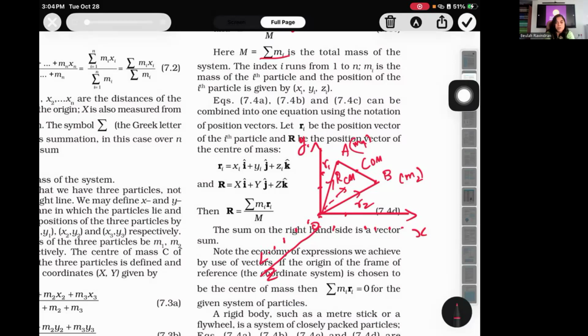This is the center of mass position vector. Since it is a vector, all are in the vector realm, you have to represent that with a vector sign. In your book, the vector sign is not indicated, but it is indicated as a bold letter. You should write like this, with a vector arrowhead. Arrowhead, definitely you should include. I mean, you should assign arrowheads on the vector sign in order to show it is a vector quantity.